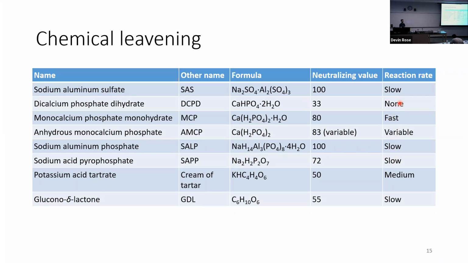So that would be extremely slow. I have variable here because anhydrous monocalcium phosphate, it depends on the coating that they put on the outside of that salt. So it can vary a lot. You would get that neutralizing value from the supplier that you're using for this product.